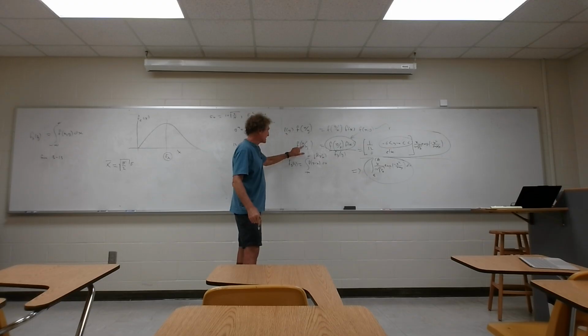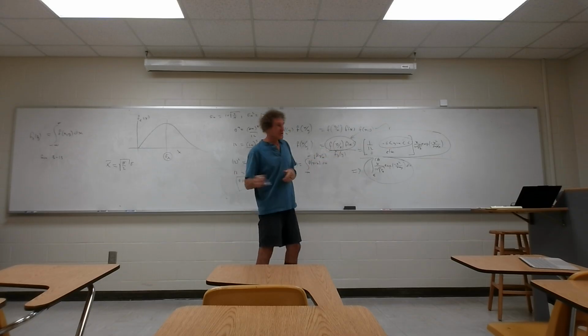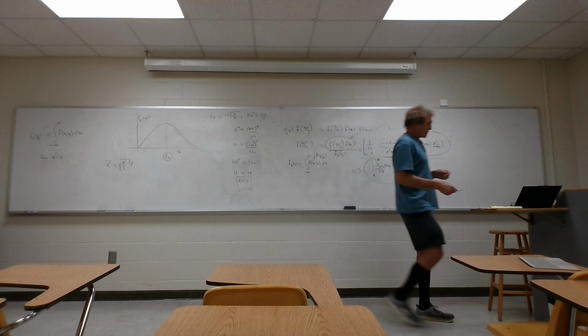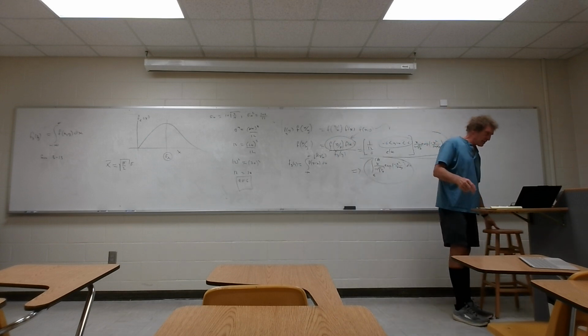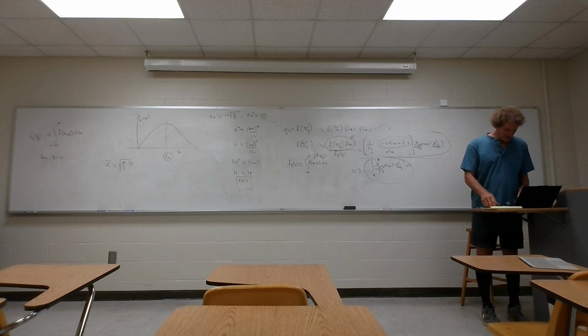We want f of x given y. We see y. We want to know what the conditional density is for this. But we need f of y given x, and we get that from the noise. That was the point I was trying to get at. I did it in a very sloppy way. I apologize. I want to do the next problem just briefly on this one. That problem, I don't know why, all this stuff didn't jump off the page, and this thing was.